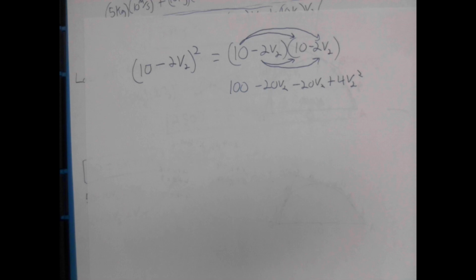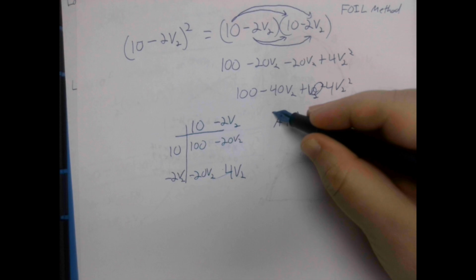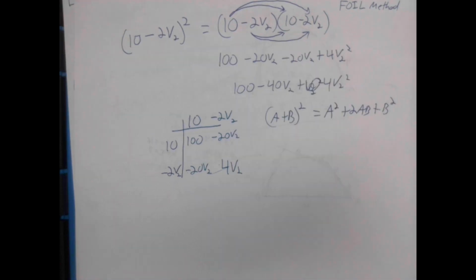Add up everything, and we get the same result. Either way works. Also, you can just remember that (a plus b) squared is equal to a squared plus 2ab plus b squared. That's just a generic expression. This is used so much that I've memorized it.